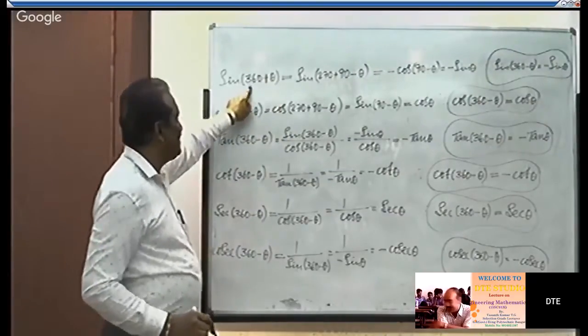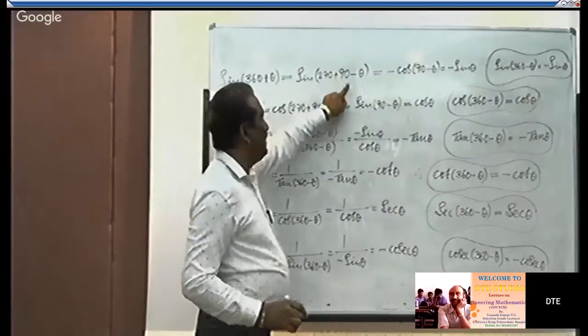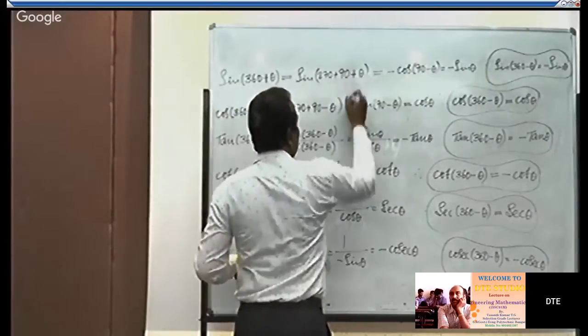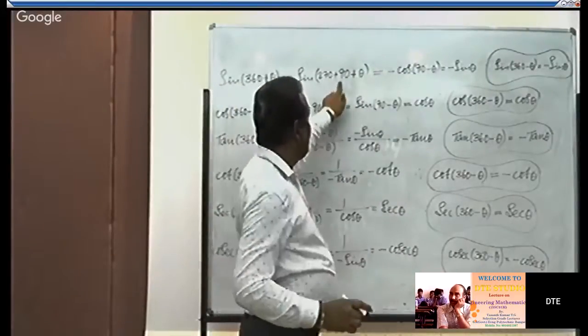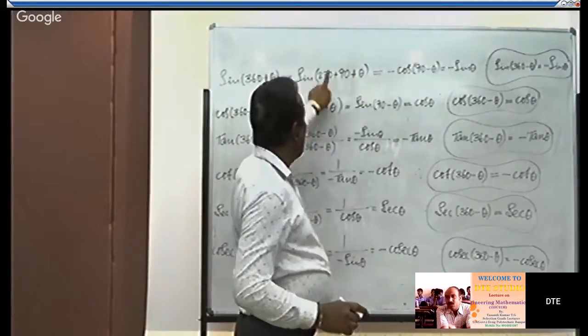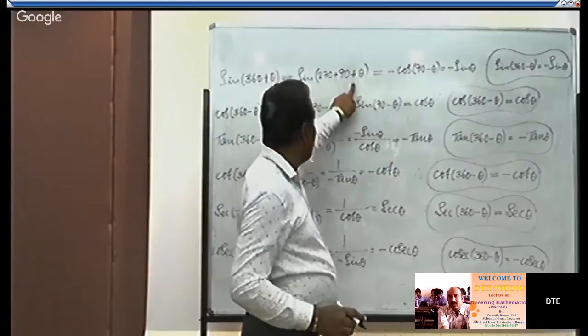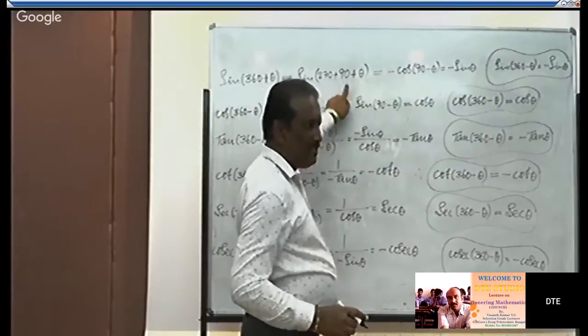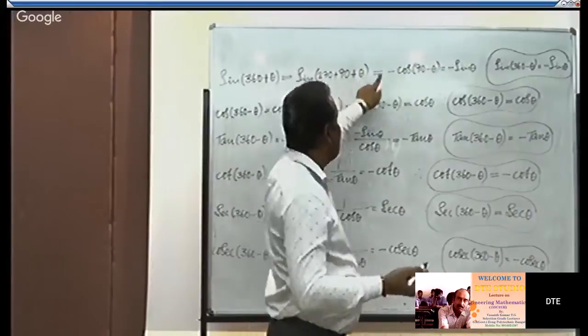Write 360 as 270 plus 90. The rest is plus theta, as it is. Assume 90 plus theta as theta. It becomes sine of 270 plus theta. We know that sine of 270 plus theta is minus cos theta.